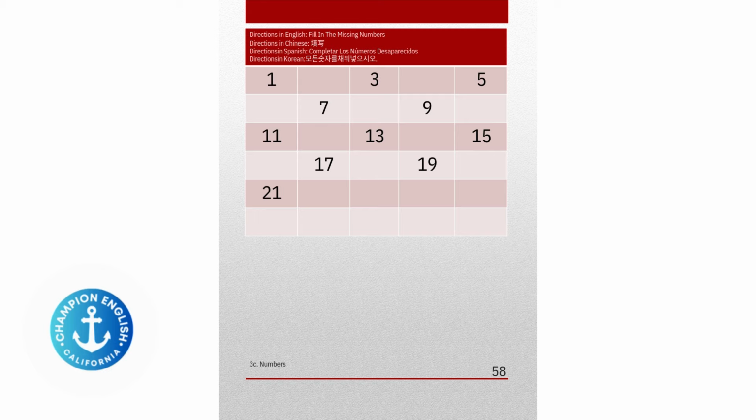And I say 11, and you say 12. I say 13, you say 14. I say 15, you say 16. I say 17, you say 18. I say 19, and you say 20. All right, students, ready, go.